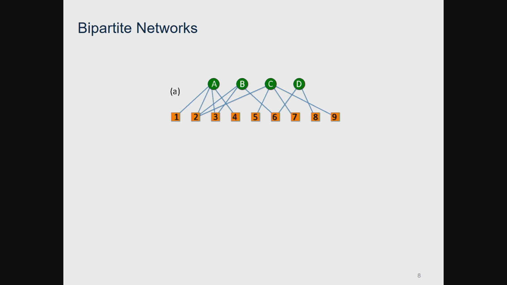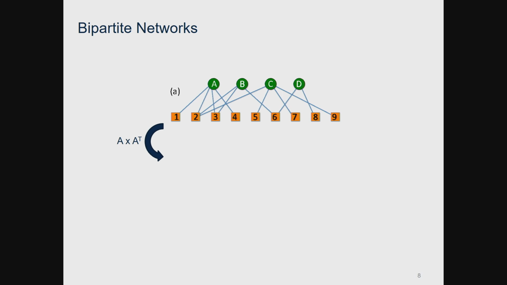You've got the adjacency matrix, and for bipartite networks, it's no longer a square adjacency matrix. It's rectangular, where you have nodes of one type on your rows and nodes of the other type on your columns.